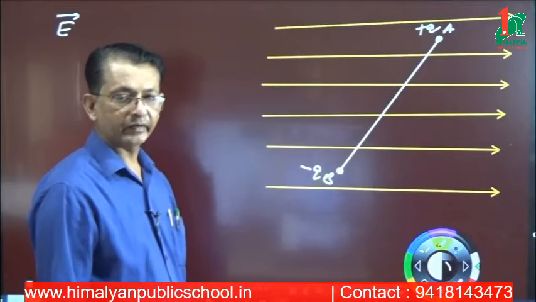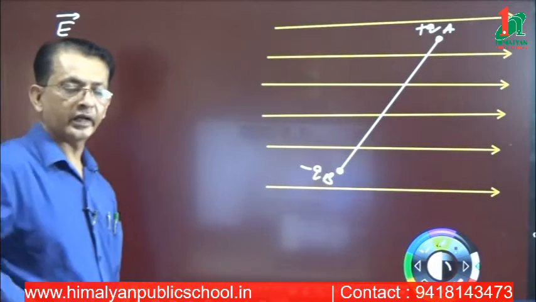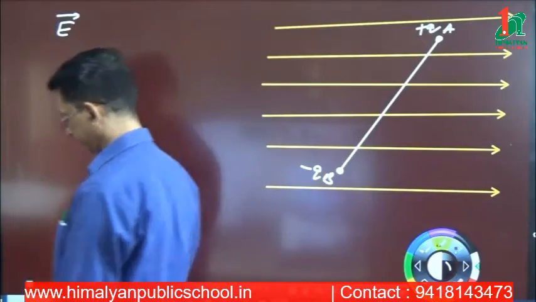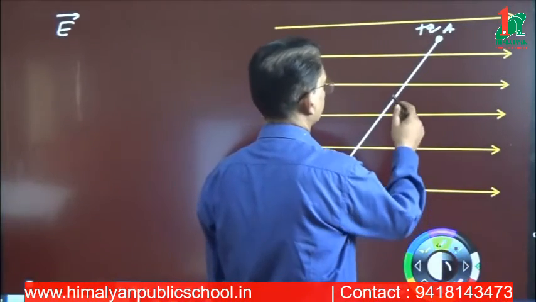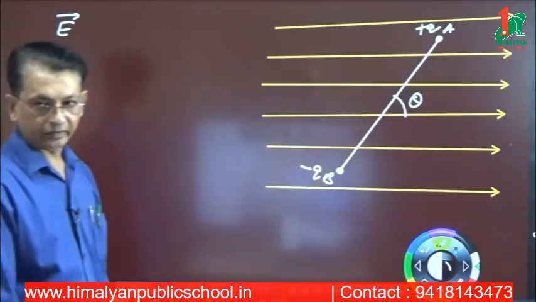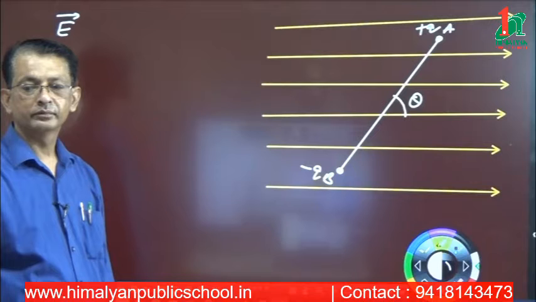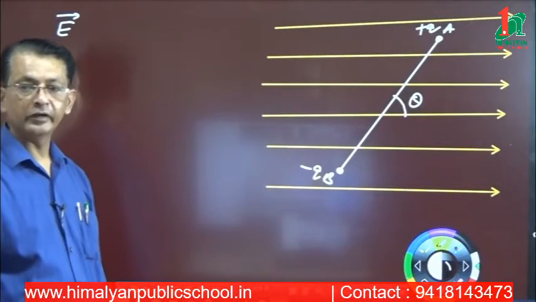Now consider an electric dipole having charge plus Q at point A and charge minus Q at point B, making an angle theta with the direction of electric field E vector.